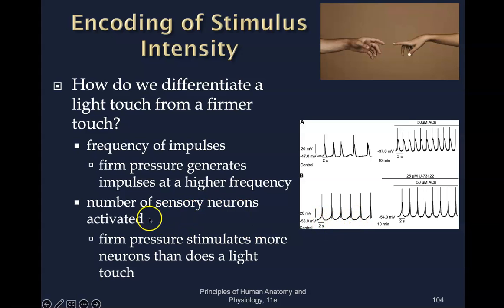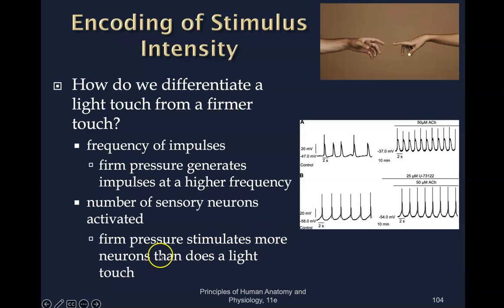Okay. So the number of sensory neurons that are activated can also help you differentiate firm versus light touch. If you are putting a lot of pressure, you're activating more of those sensory neurons, and that's going to cause more of those gated ion channels to open.